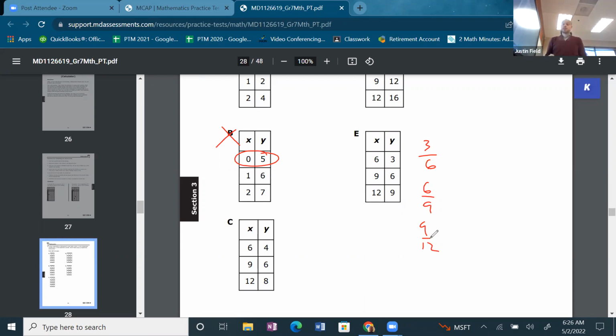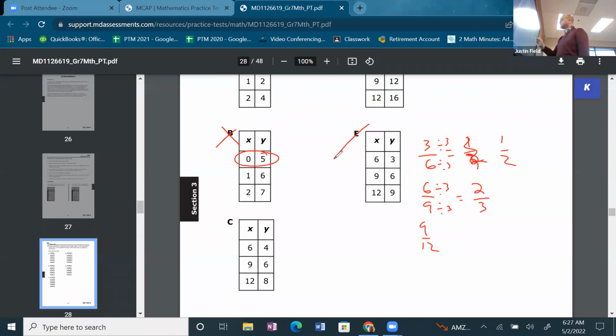Well, I can already see that this isn't going to work because I know 3 is half of 6. Did you know 3/6 was 1/2 right off the bat? And 6/9, that's 2/3. Because I can divide those both by 3, and 6 divided by 3 is 2. 9 divided by 3 is 3. So E is gone.